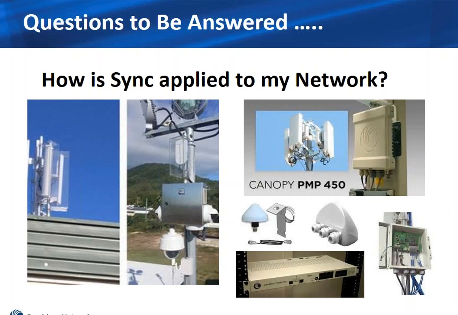Oftentimes we utilize that more as a backup GPS, because depending on the way you have that radio mounted on a tower, or things that might be above that tower, it may be obstructed from seeing GPS very well. So we often use that one as a fallback.